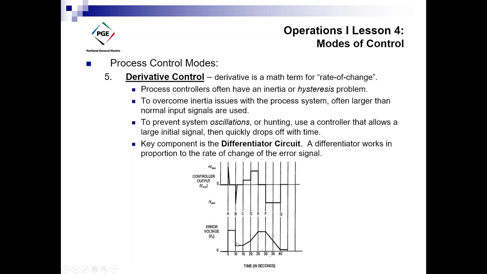And then you get a drop in the error signal, or a negative error signal. So now you get a negative spike in the control output, and then that signal drops off. And now you have a new steady state.